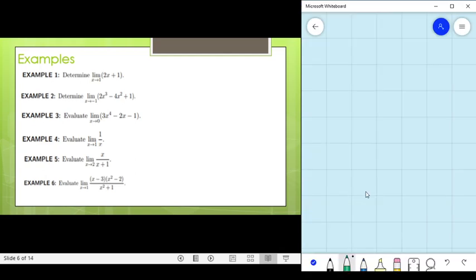Example number 6 is the limit of quantity x minus 1 times quantity x squared minus 2 all over x squared plus 1. Take note that if we check the denominator and substitute x with 1, the denominator is not 0. So what we are going to do is evaluate the limits of each part.